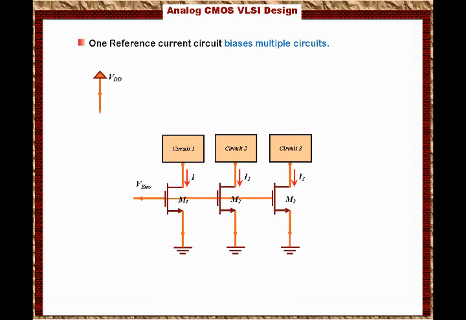So what we will have here is the reference current source connected to the reference transistor MR. And I can adjust the values of I1, I2, and I3 by adjusting the W over L ratios between the reference transistor and the biasing transistors M1, M2, and M3. So you can bias multiple circuits using one reference circuit, and that is the reason that this circuit is powerful.